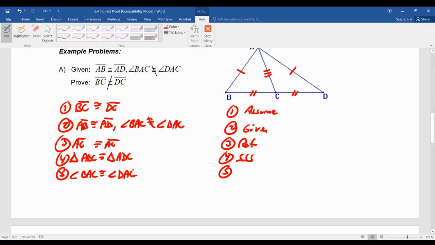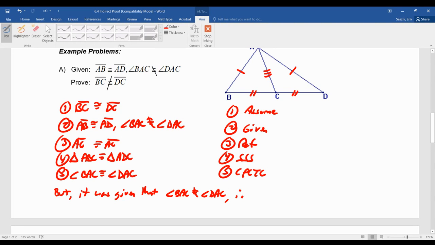What we're trying to do is contradict something in the given. It was given that those were not congruent. We're saying that they are congruent. So we've shown an impossibility. Okay. So now we do a little explanation. But it was given that angle BAC is not congruent to angle DAC.